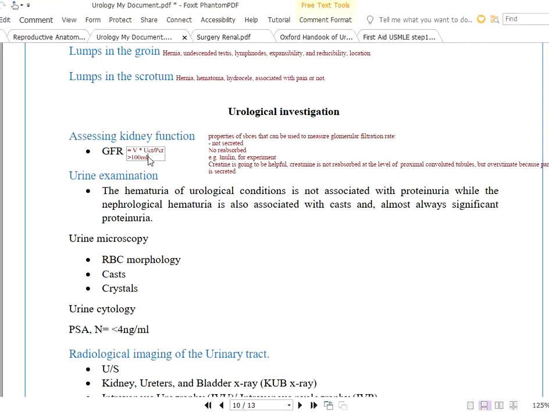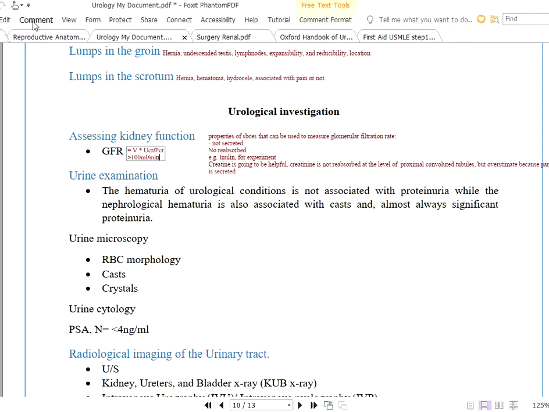Using this formula, you will find that normal glomerular filtration rate is above 100 milliliters per minute. So this is how we calculate glomerular filtration rate.